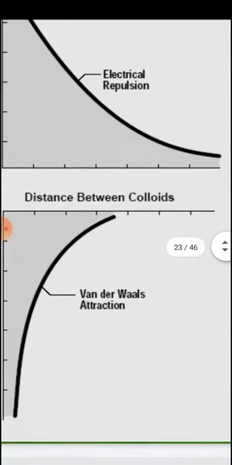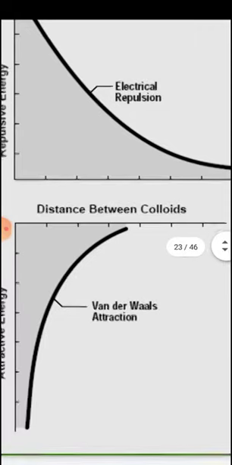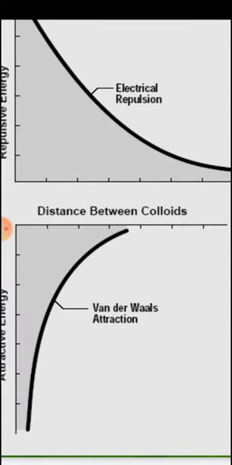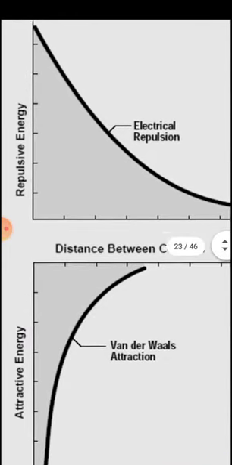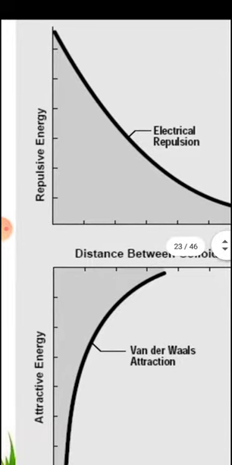So we are actually bringing two colloidal particles of the same charge closer to each other, because we are studying the repulsive forces. We will bring them close, and we will find that a stage will come when there will be maximum repulsion energy, and at that time the distance will be minimum.